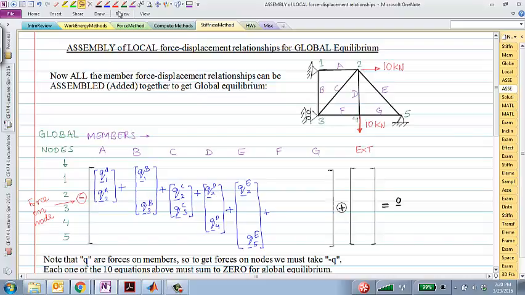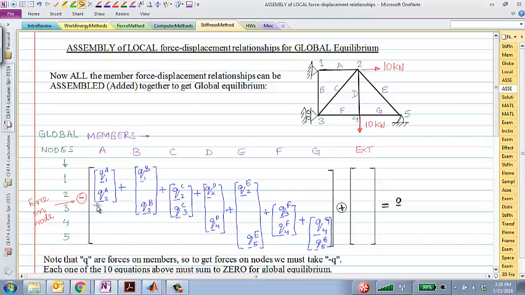It's connected to 3 and 4, so QF3, QF4. And finally for element G, we have 4 and 5, so QG4 and QG5.